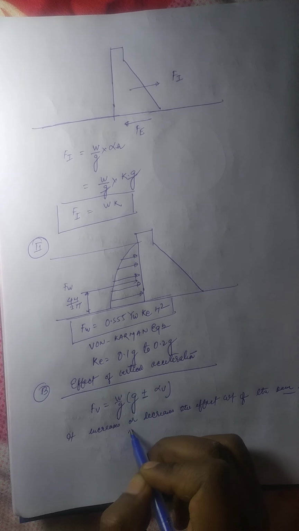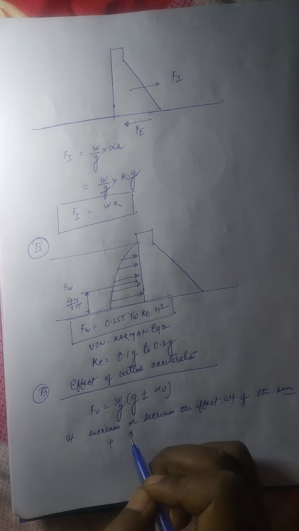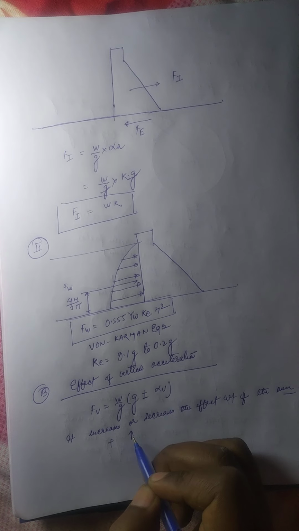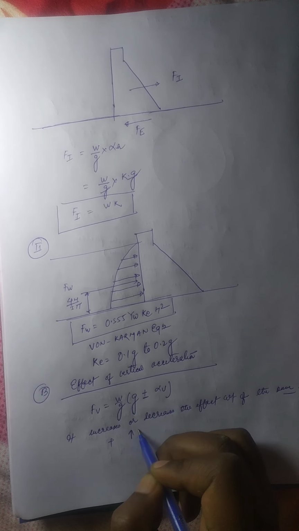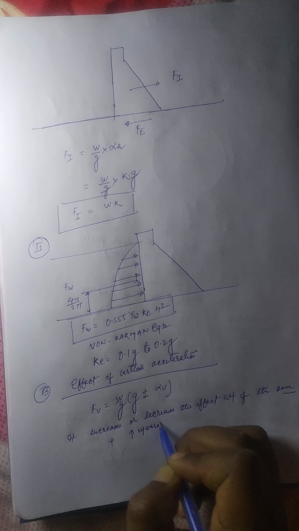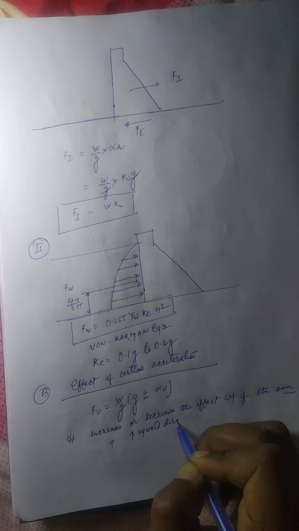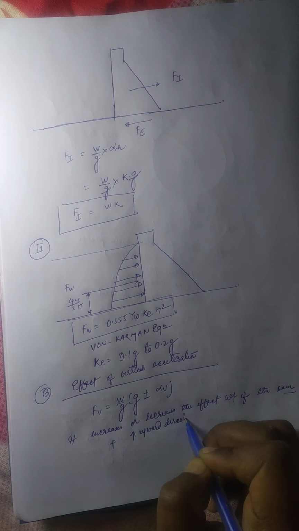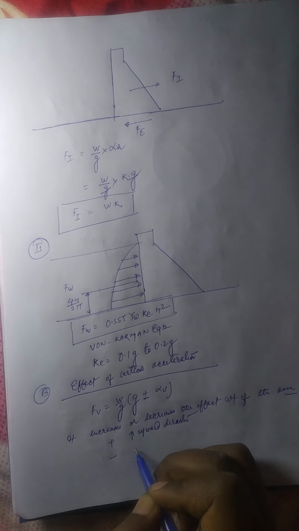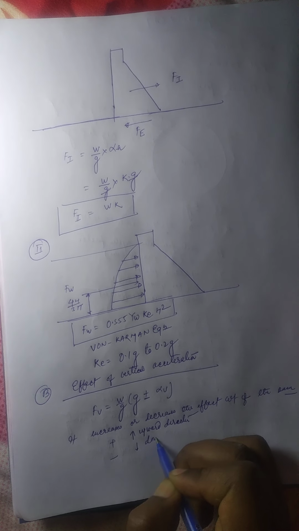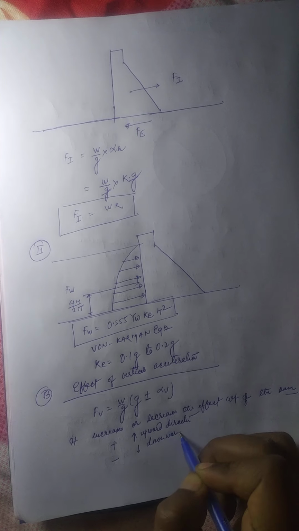Here plus sign for upward direction and negative sign for downward direction.